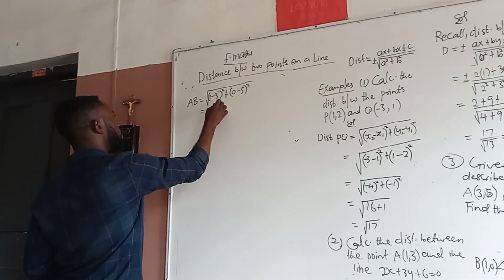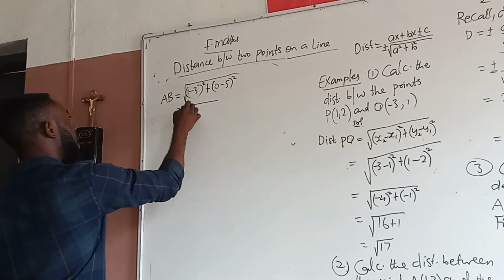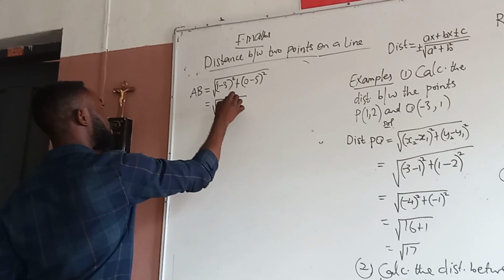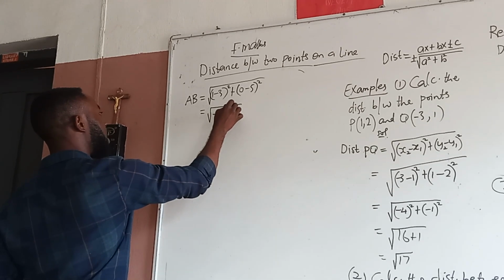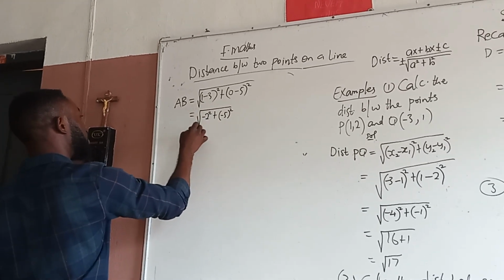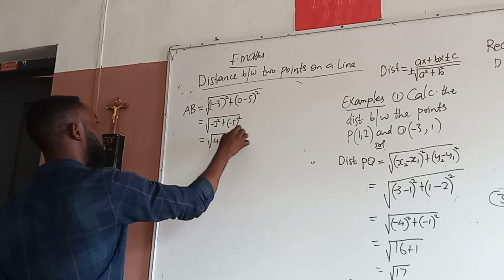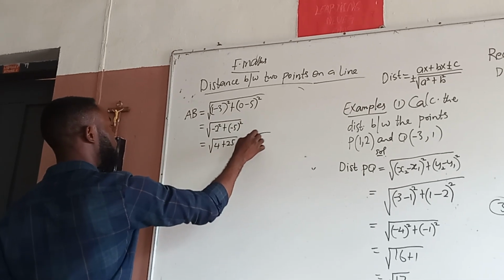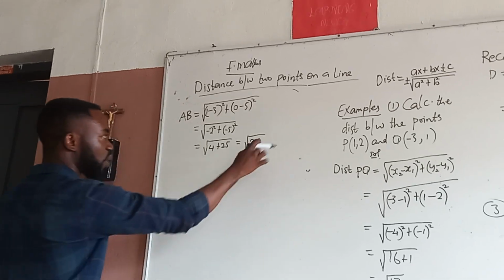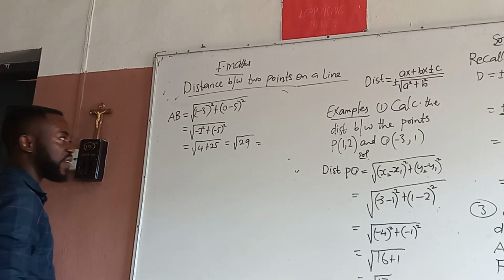That gives us square root of minus 2 squared plus minus 5 squared, which gives square root of 4 plus 25, giving us square root of 29. You finish this one off with your calculator.